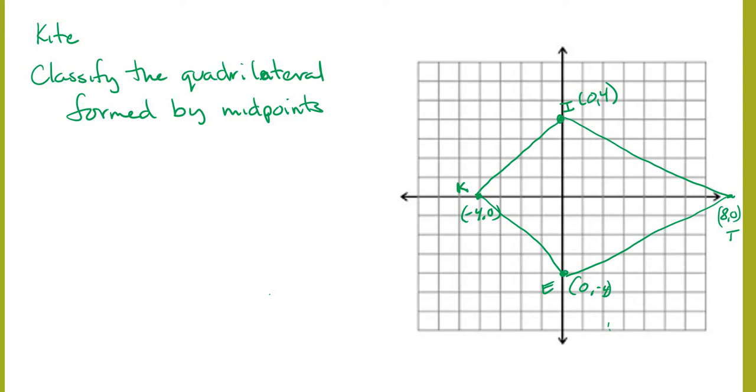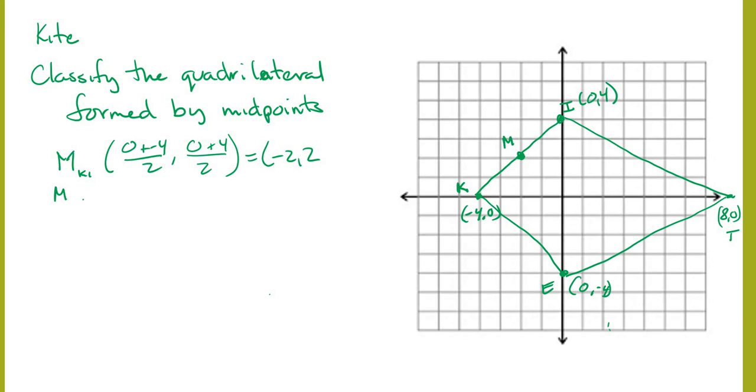So the midpoint of KI is 0 plus a -4 over 2, and 0 plus 4 over 2, so -2, 2. So there's the midpoint there.